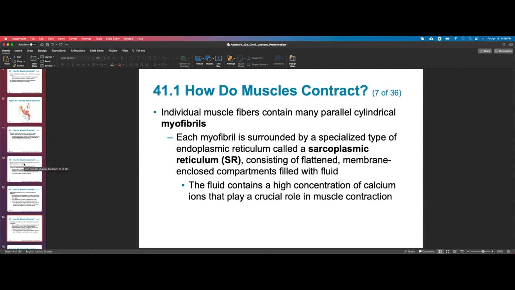The sarcoplasmic reticulum is a specialized kind of ER, or endoplasmic reticulum, and it has flattened membrane-enclosed compartments filled with fluid. And then you're going to have calcium ions in this fluid.